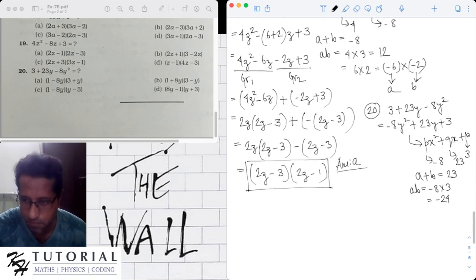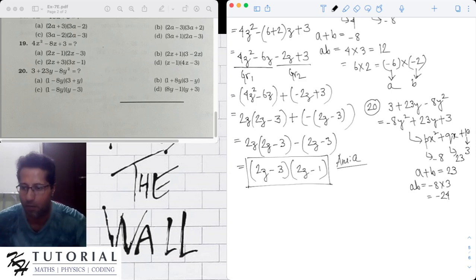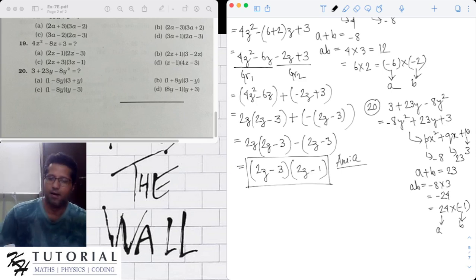We know that a plus b equals 23 and a into b is minus 24. Now this minus 24 can be written as 24 multiplied by minus 1, and now we clearly see that 24 plus minus 1 is 23, and hence we have found a and b. You can consider 24 as a and minus 1 as b, or you can consider 24 as b and minus 1 as a, it does not matter.